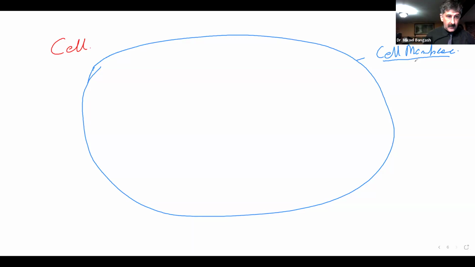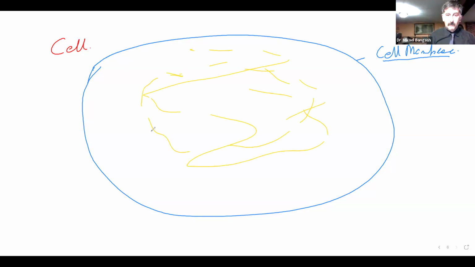Now, guys, what we will have inside the cell, or let's say inside this cell membrane here, is going to be a fluid substance of the cell.